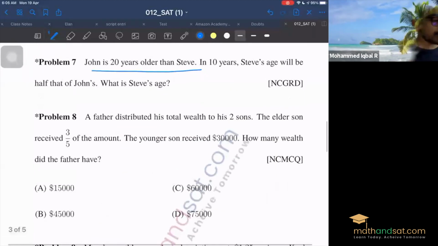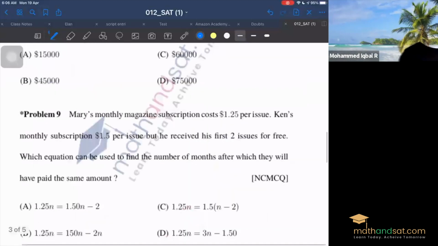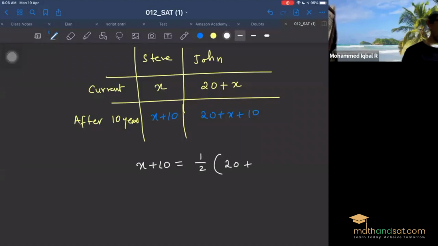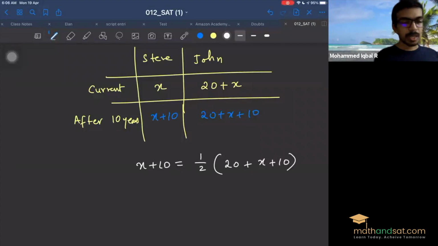After 10 years, Steve's age will be half that of John's. So your X plus 10 will be half of 20 plus X plus 10. So this is the condition that is given. Now you just have to solve this equation.